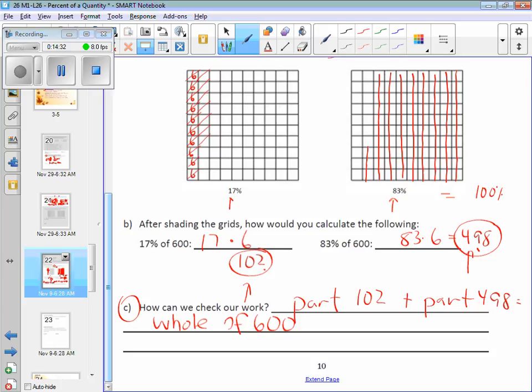If I shade the whole thing, how many units have been shaded? 600 is my whole. If I only shade 17%, that's part 102. I've shaded only part of it, 102 out of the 600. If I shade 83%, 498 part out of the whole 600 are shaded. If I add this part to this part, I get the whole, which is 600.